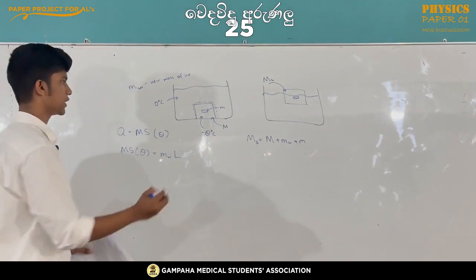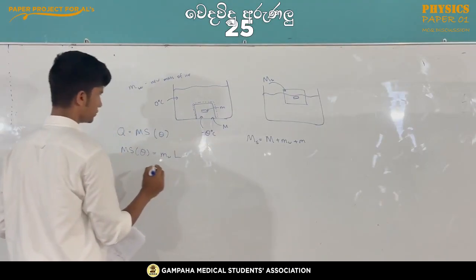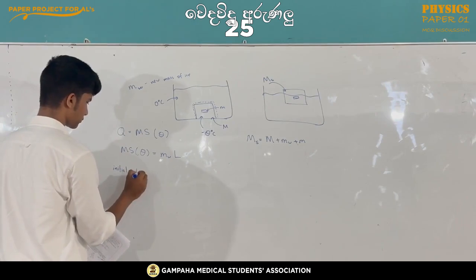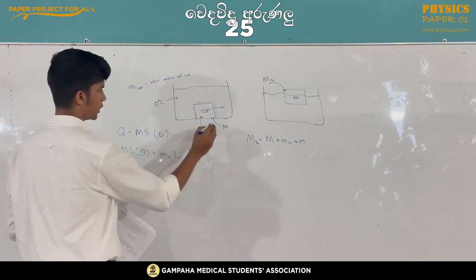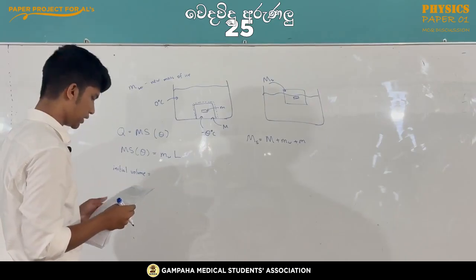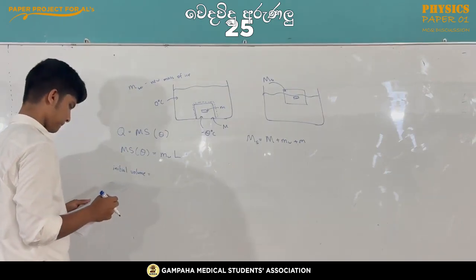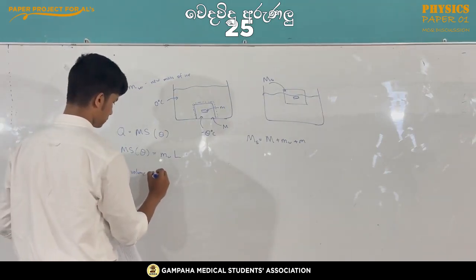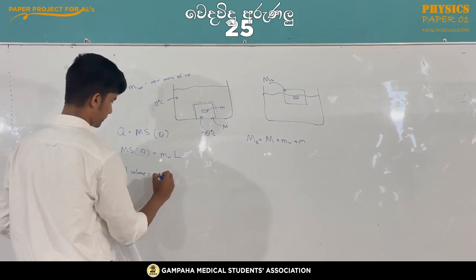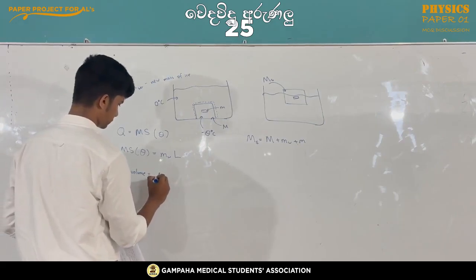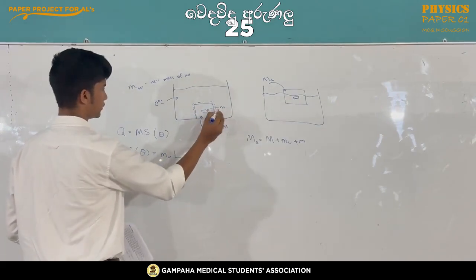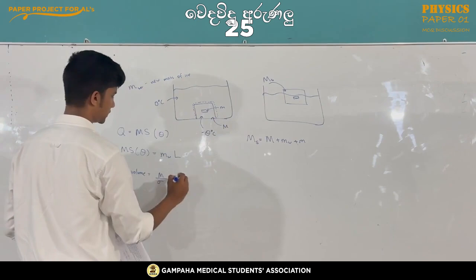So then we can find out the increment of the volume here. So the initial volume of the ice block is, we have to divide the mass by the density of ice, which is sigma, and as well as we have to divide the mass of the metal piece by the density of the metal.